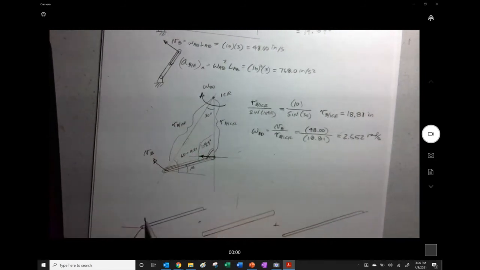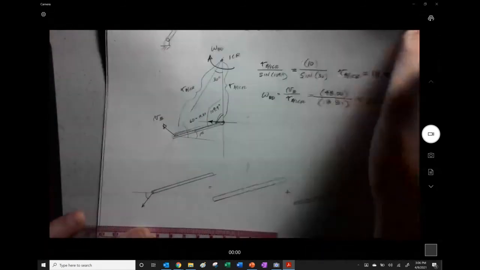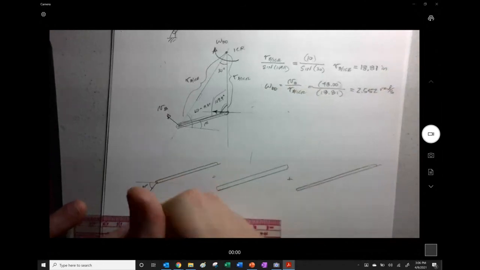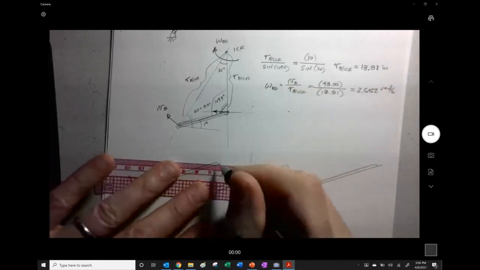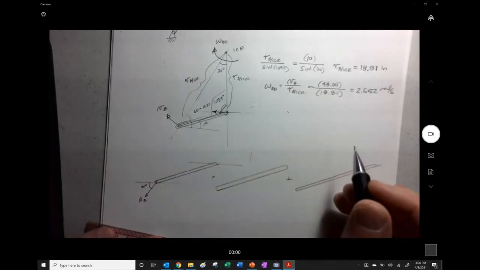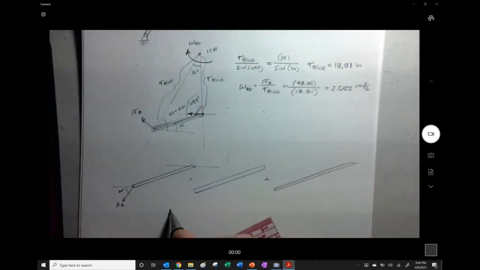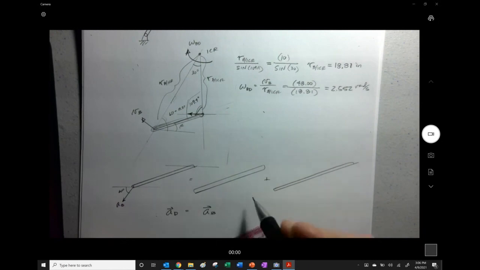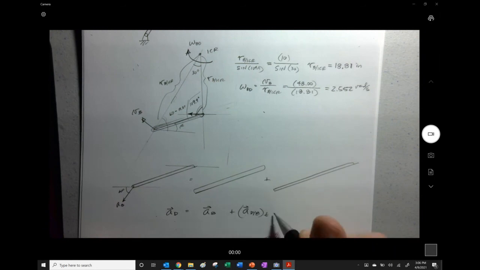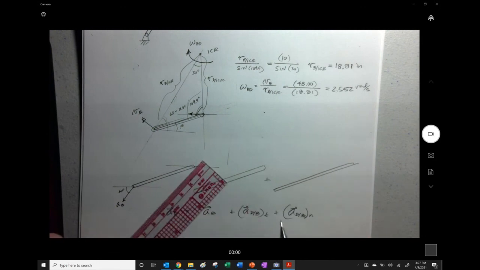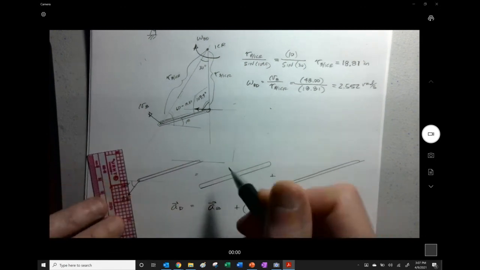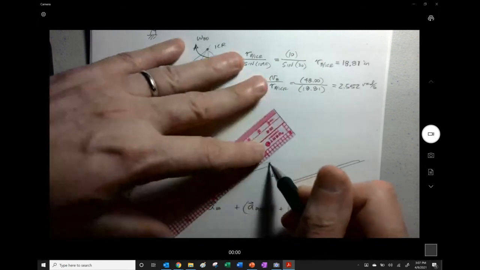And it should be 60 degrees. We know that this one has to be horizontal. So we're going to find the acceleration of D is going to be equal to the acceleration of B that we'll use as the reference, plus the acceleration of D with respect to B in the tangential direction, plus acceleration of D with respect to B in the normal direction. And so let's see, I'll apply this to both spots.